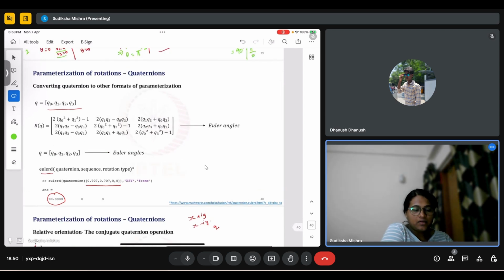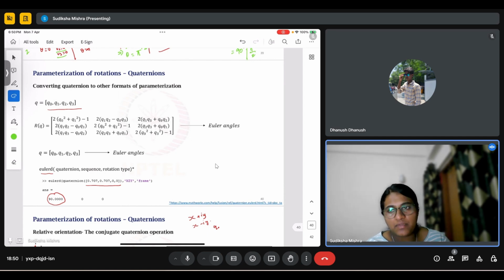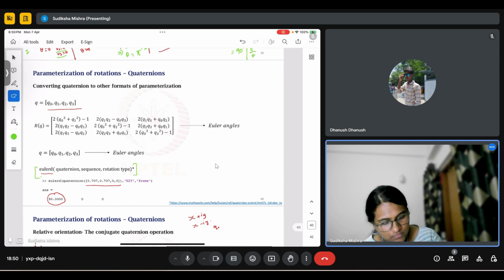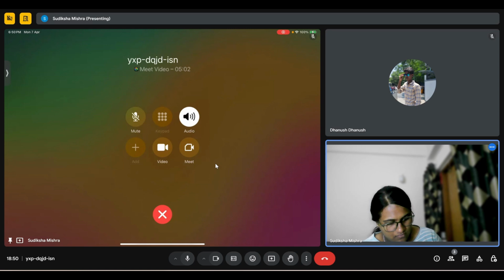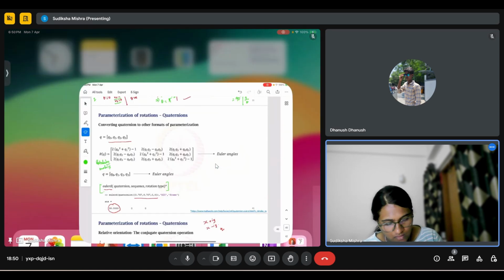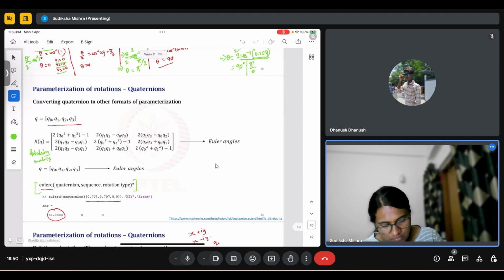If you want to convert the quaternion to other formats, you can convert it to the Euler angles using this particular code in MATLAB.